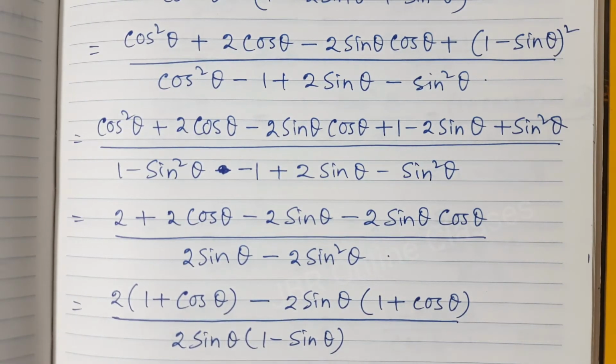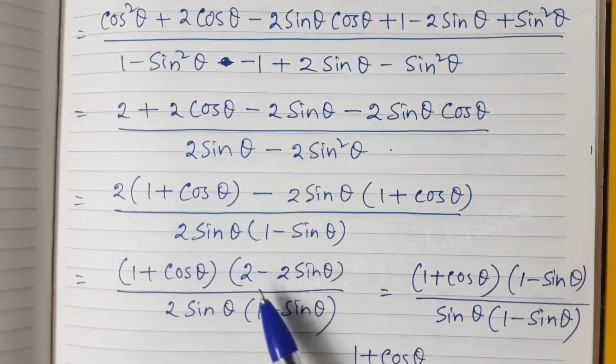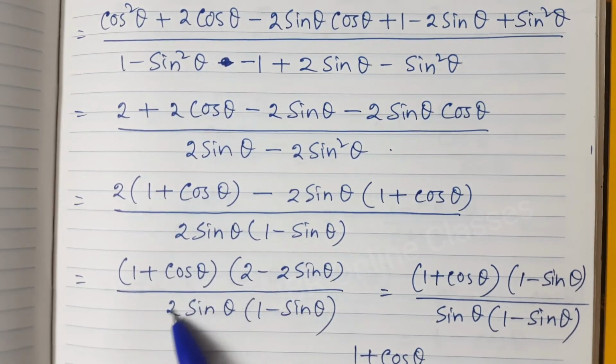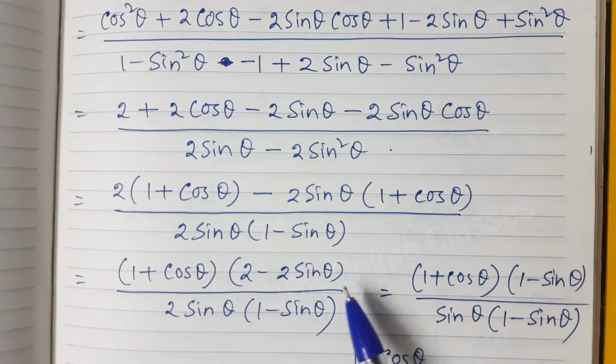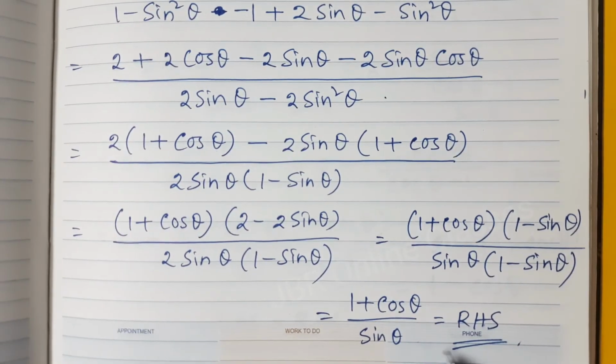So finally, from this term and this term you take 1 plus cos theta common, and after that you will have 2 minus 2 sine theta. From this term 2 will get common and 2 will get cancelled with this 2, and 1 minus sine theta will be left. See here, this term will get cancelled. Finally you will get your answer.